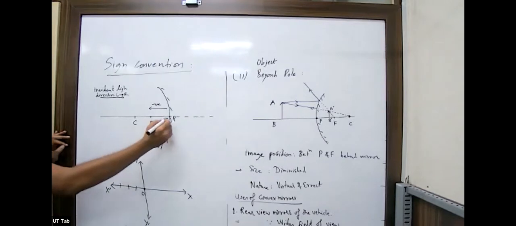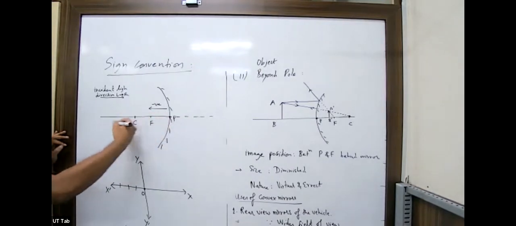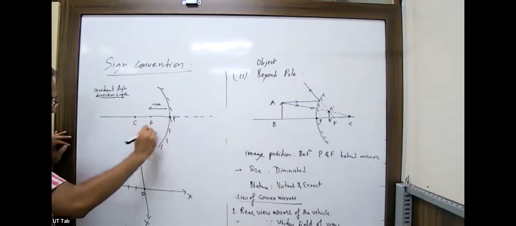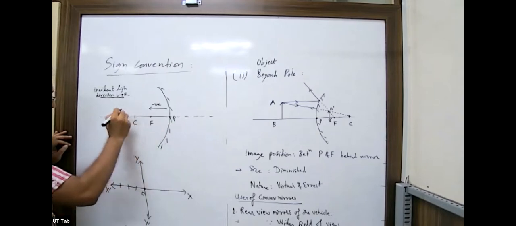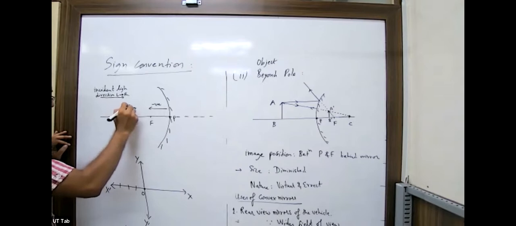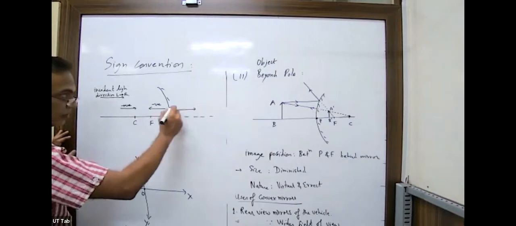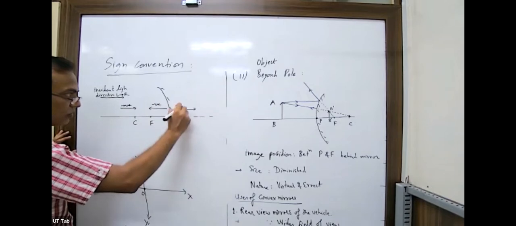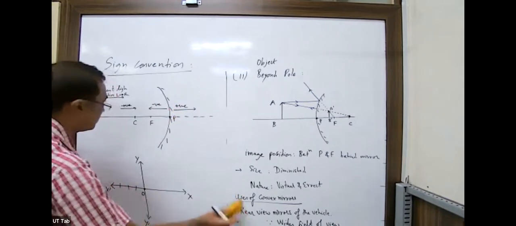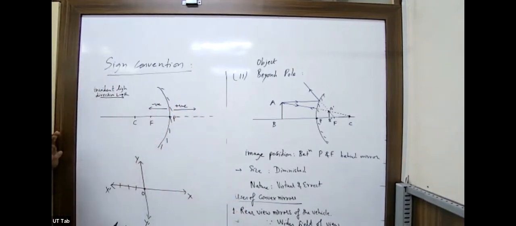Distances towards the right of the pole are positive. Any distance on the right side of the pole will be positive. Left side will always be negative.